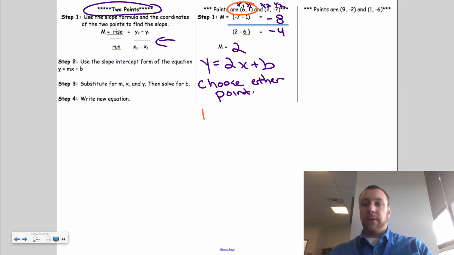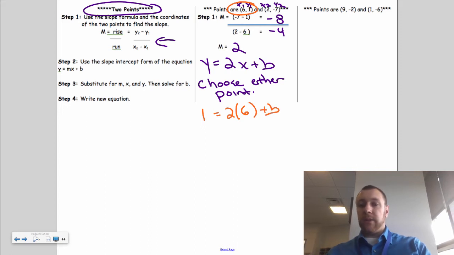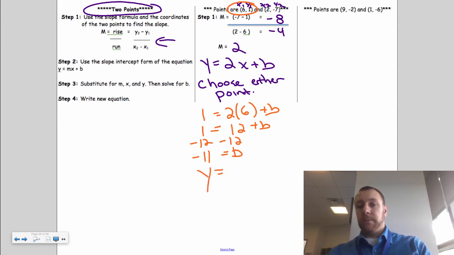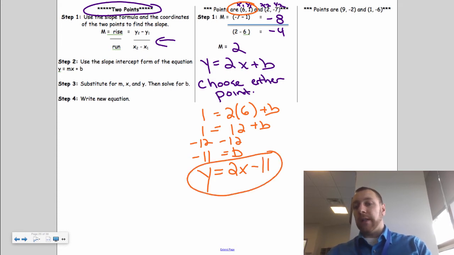So 1 goes in for the y, and 6 goes in for the x. And now I solve for b. So I multiply 2 and 6. I subtract the 12. I get b equals -11. And now I can write my equation. Remember, I always have to end with writing the equation.